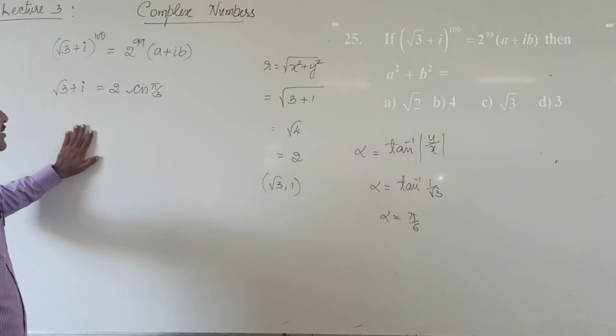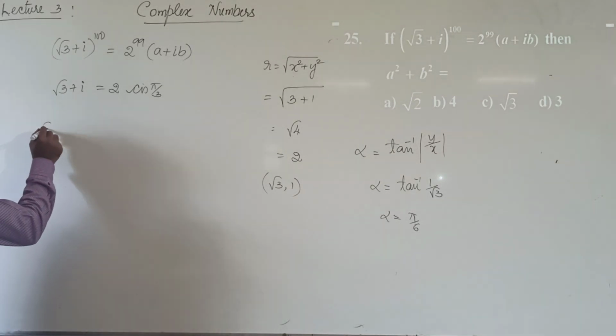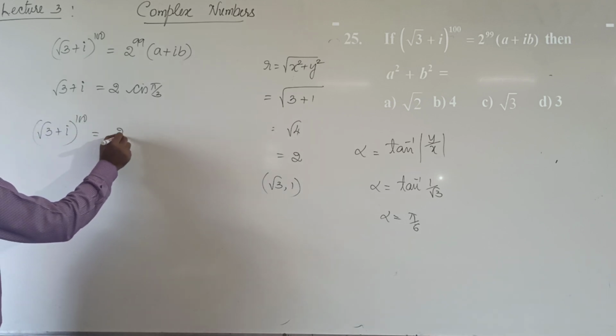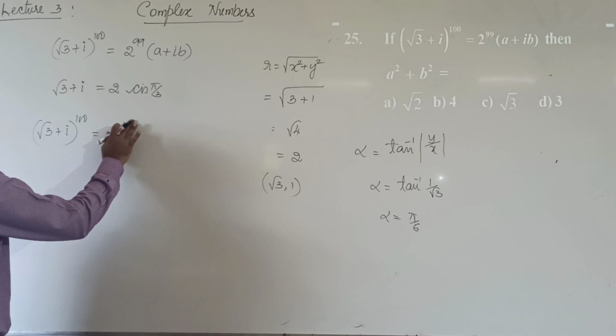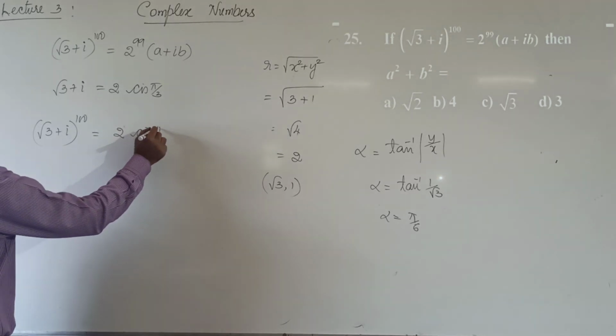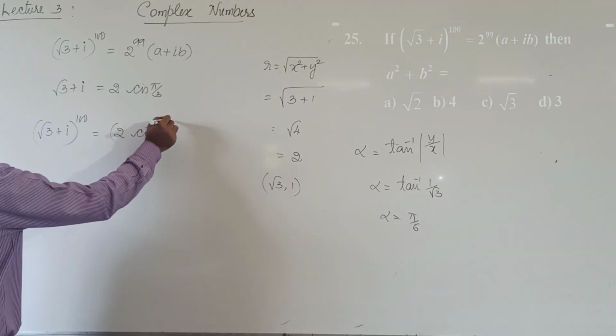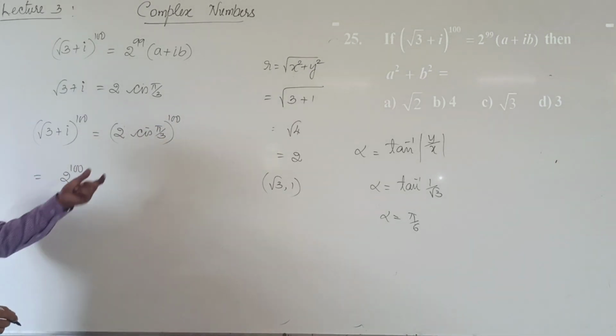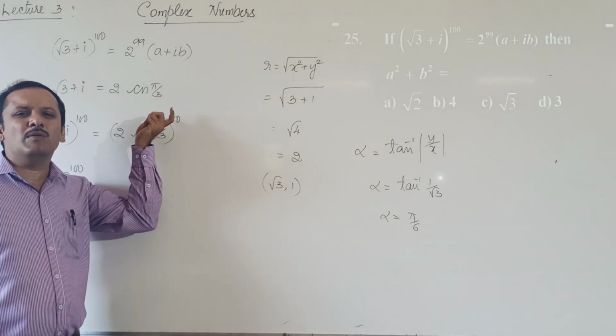Root 3 plus i can be matched to 2 cis pi by 6. So then what about root 3 plus i whole power 100? That's equal to, here I write, 2 into cis pi by 6 whole power 100. That's equal to 2 power 100. So this is like cis theta whole power n.